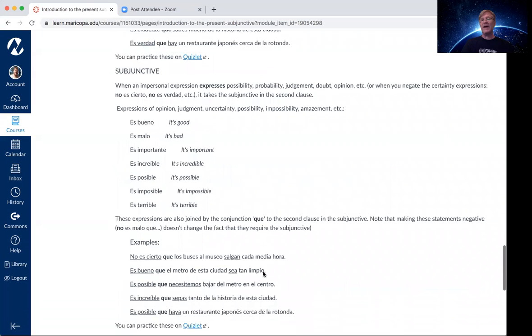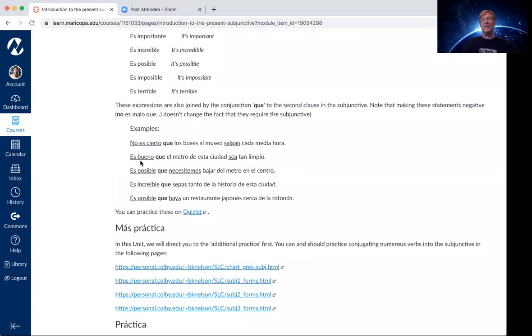Here, I'm giving a relative opinion, right? It's good. It's good is not the same as it's true, although in English we may think that way. In Spanish, it's not. So, because I used es bueno, now this secondary verb in the dependent clause has to be in the subjunctive.